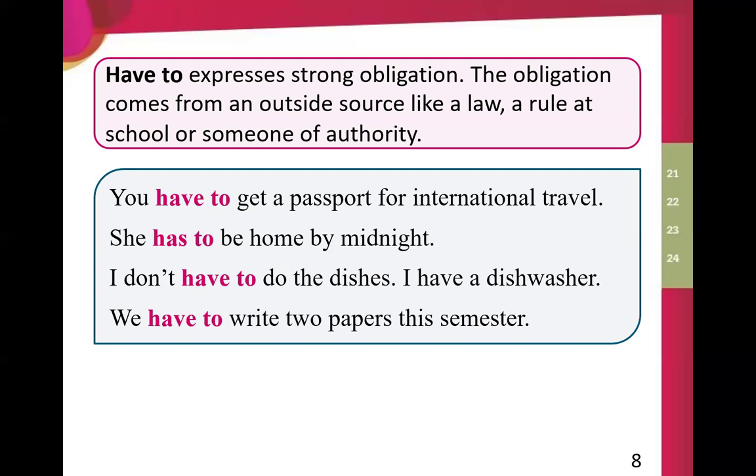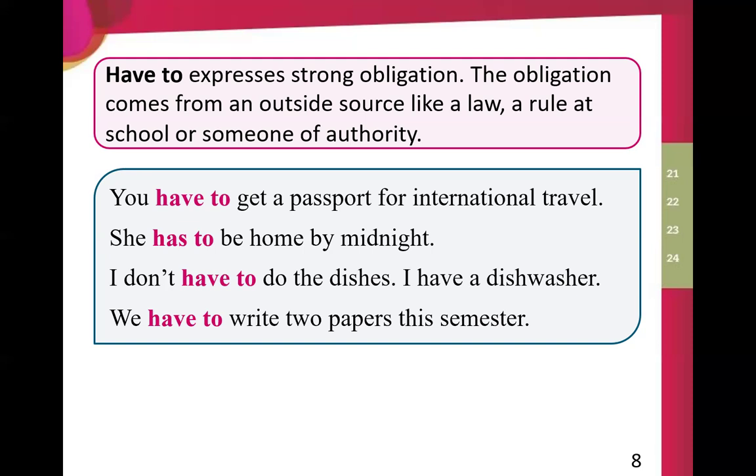So you have to get a passport for international travel. If you want to go abroad, outside your country, you have to get a passport, okay? Or you will not travel.